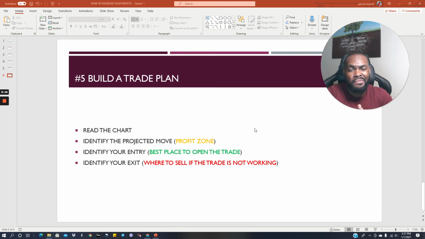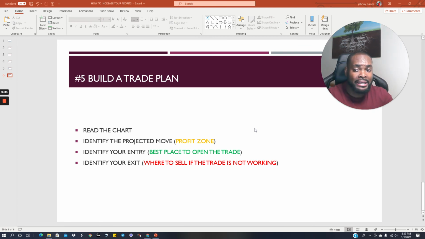What does this mean? It means, where is the best place? If I'm going to take this trade, where is the best place to take it? Has the bus already gone? Has this trade already moved off and is no longer at a very, very ideal level for me to take this trade? That's a tip under the trade plan.